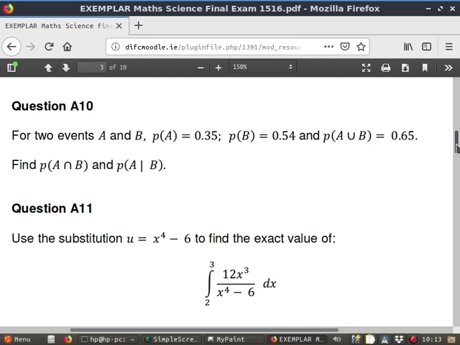You have it? Yeah. So this is a Venn diagram. You don't have to draw it, but it's good to.